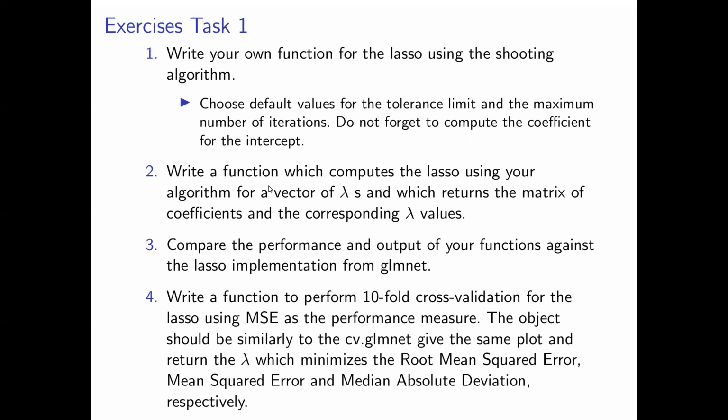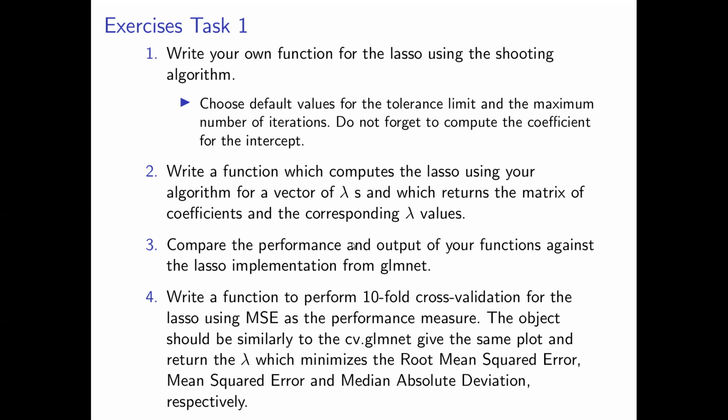Once you have this, write the function which computes the lasso using this for a whole vector of possible lambda values, and which also returns a matrix of the coefficients and the corresponding lambda values.